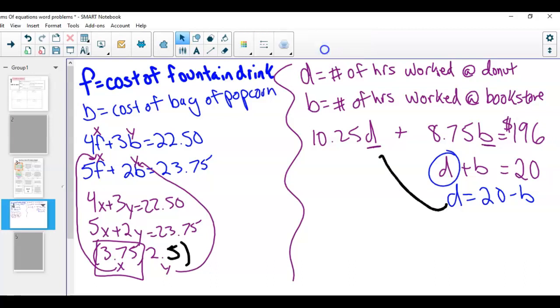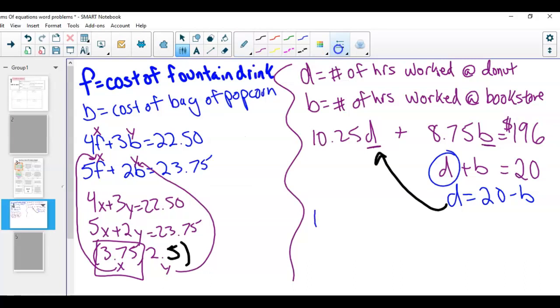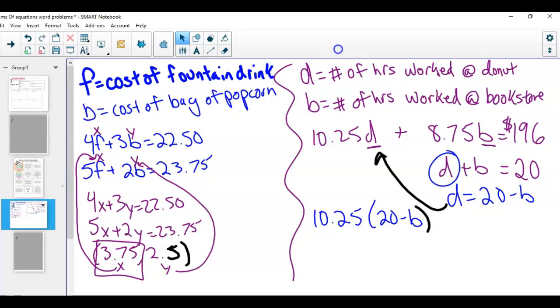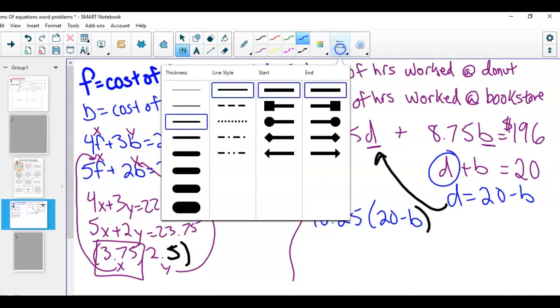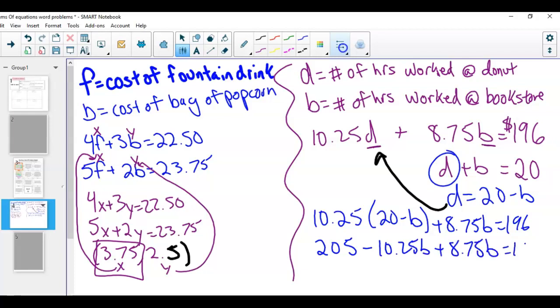So I can put this equation into D. And solve from there. So this would be 205 minus 10.25B plus 8.75B equals 196.